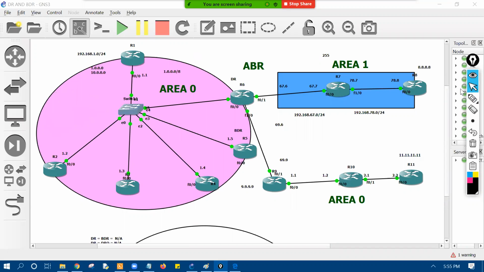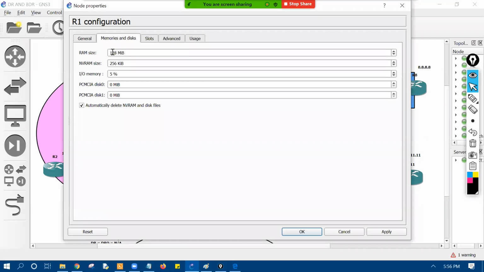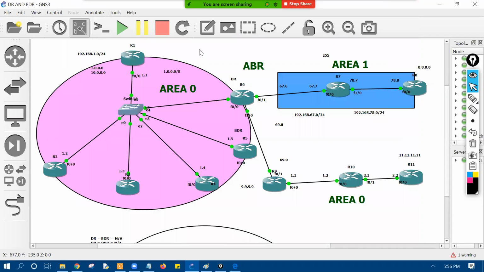Like in BGP that we have read, to run BGP we require at least 512 MB RAM. But if you see the RAM of this router, this memory slot, 128 MB, I can still run BGP on this. Same thing: it's a recommendation to put 50 to 60 routers in a single area, but you can put more if you want.